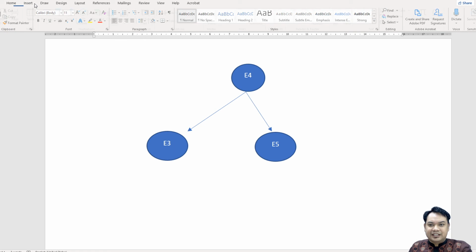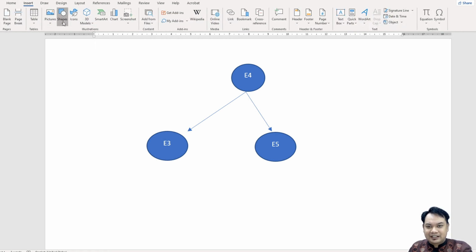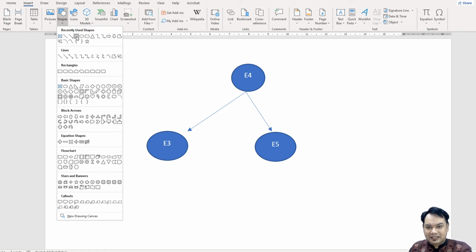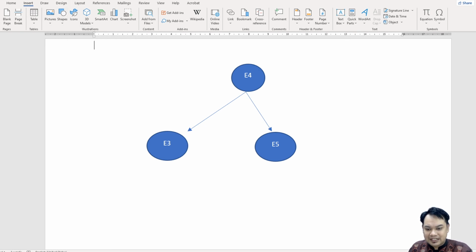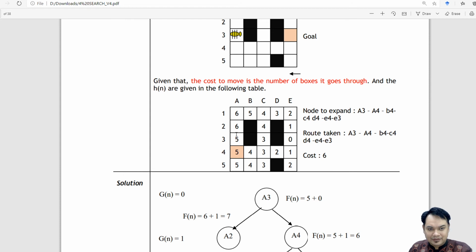So how's the GN? So GN dia sekarang ni dah step berapa dah? Alright, kita kena bilang lah. Kalau lupa GN dia berapa, kita kena bilang berapa step yang kita dah ambil. So kita ambil sini 1, 2, 3, 4, 5. So another step would be 6.